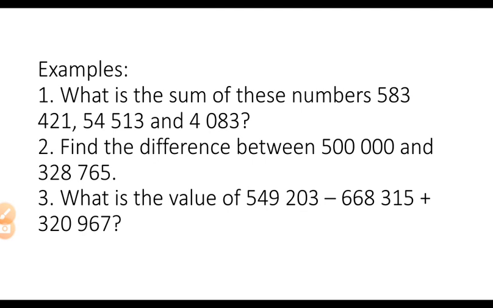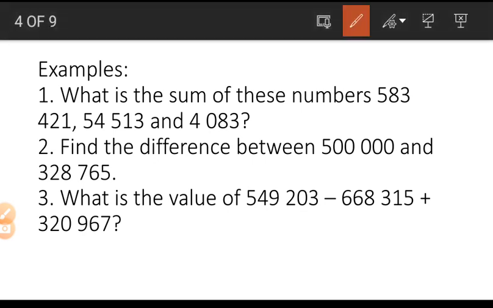Now what you notice here in this question number 3 is if we attempt to subtract the 668,000 something from this number, we will discover that it's going to result in a negative answer, and that could be a problem.